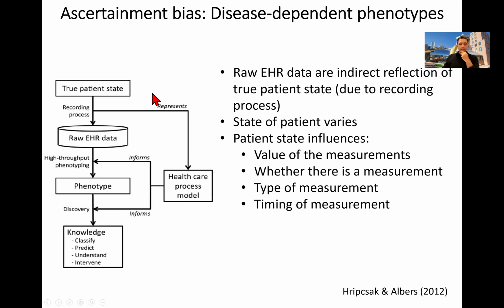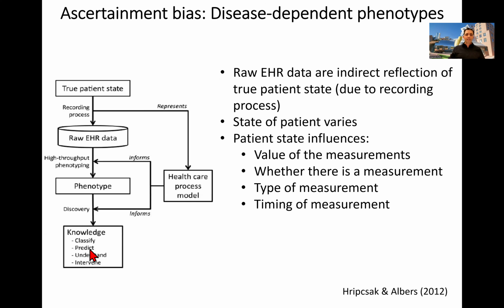So then the question is, is there a bias in the actual ascertainment of the patient phenotype? And you have some true patient state, which basically represents something about the healthcare process. And then you have some raw electronic health record data, which ultimately are associated with the true phenotype of the patient. But now the healthcare process informs both the phenotyping and the results of that phenotyping.